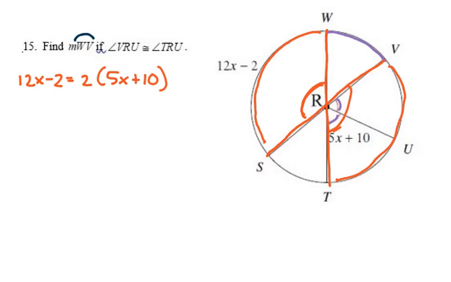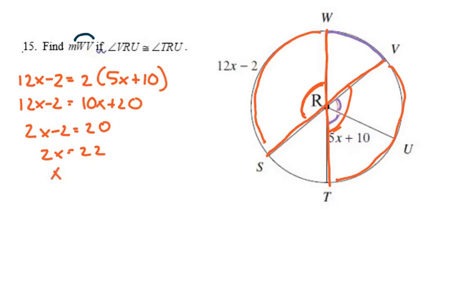So I can go through and solve this. I get 12x minus 2 is equal to 10x plus 20. Subtract my 10x to get 2x minus 2 is equal to 20. 2x is equal to 22. So x is equal to 11. From here, I can substitute that value of 11 into my expressions.